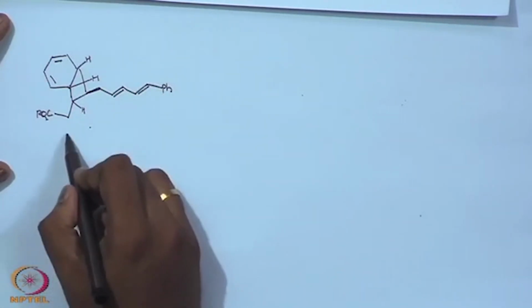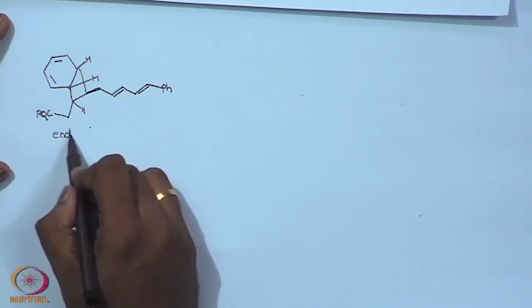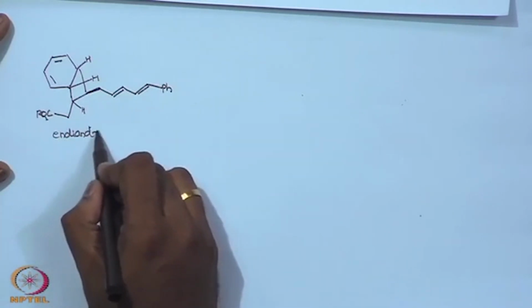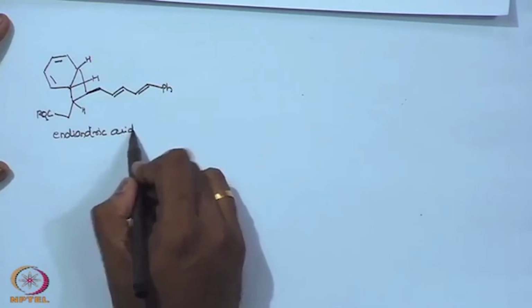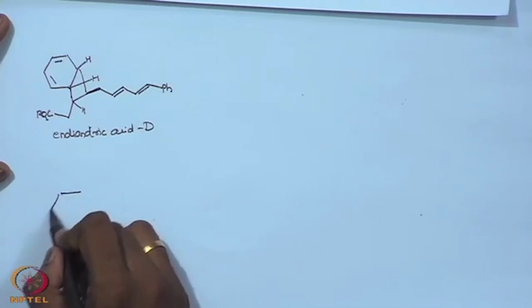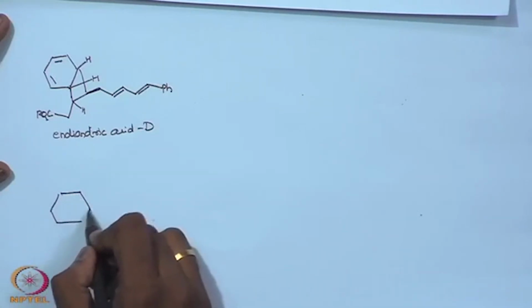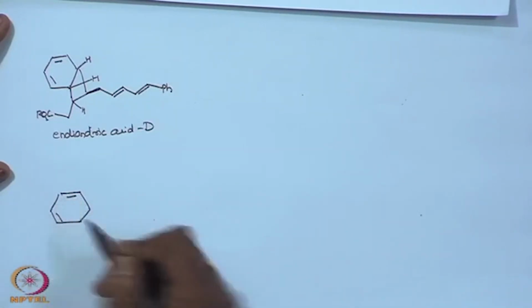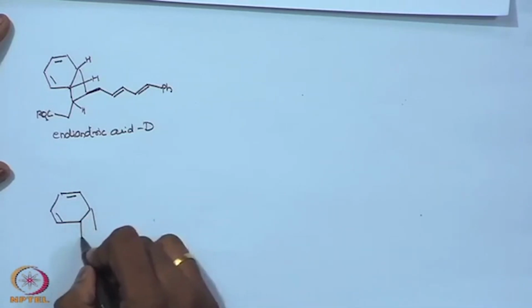In this case, this is N-diandric acid T. Same way I can write for E, because they are nothing but, as we said, diastereomers.